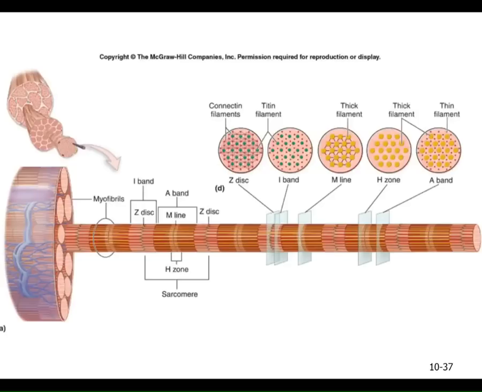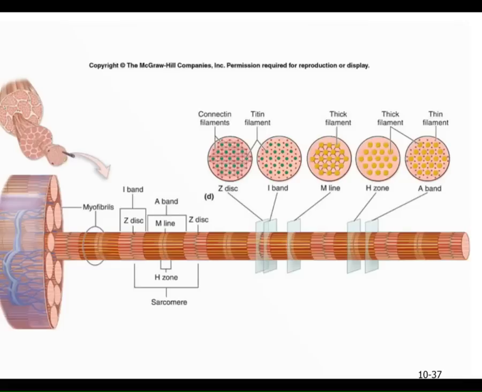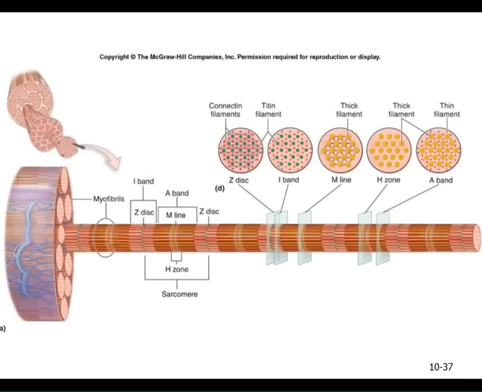So let's get a better appreciation of this if we can. This picture's good, but it makes it look like muscle is flat, that is two-dimensional. And don't forget that muscle cells are three-dimensional cylinders and muscles are long cylindrical structures. So if we look at this picture, I think we get a more complete understanding.